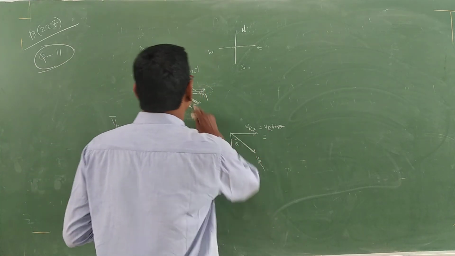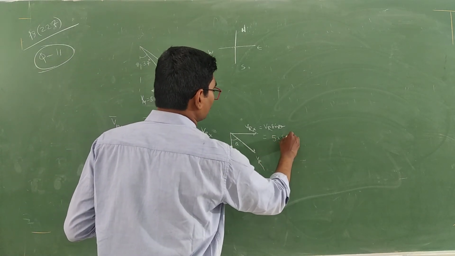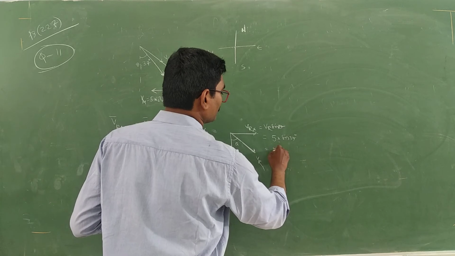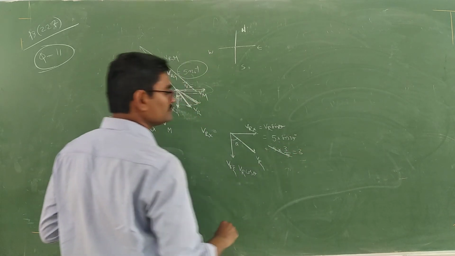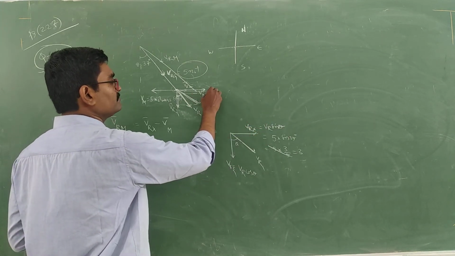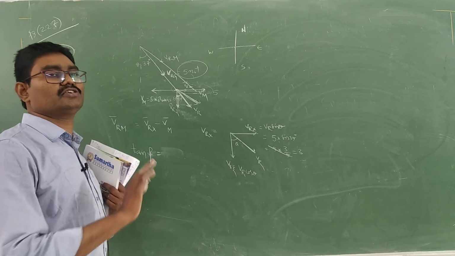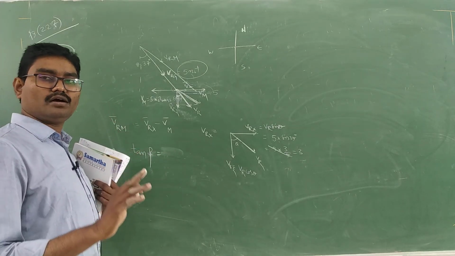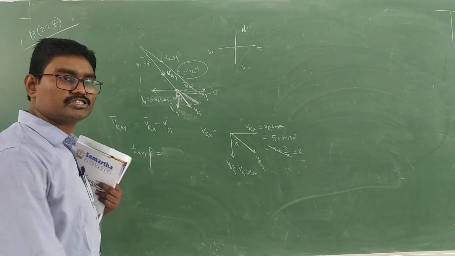VR value is 5. 5 into sin 37, that is 3 by 5, the 5 gets cancelled, so VRX is 3. VM is 5. Direction is only reversed, the magnitude stays. Both are in the same direction, so add.